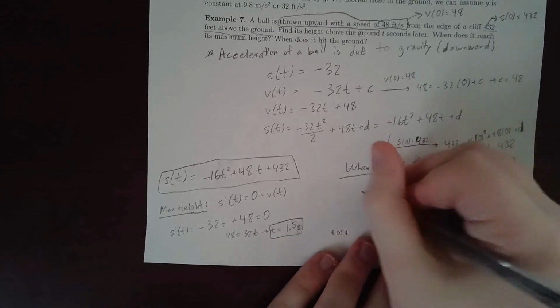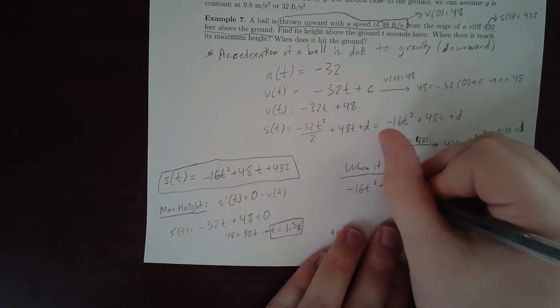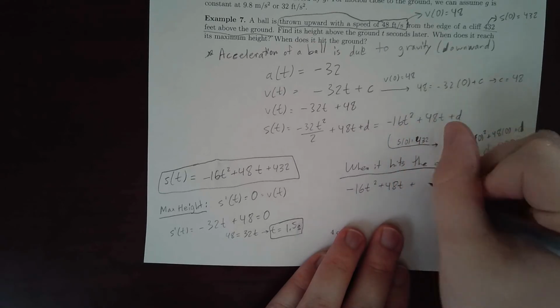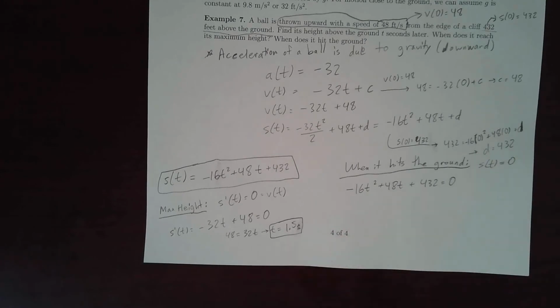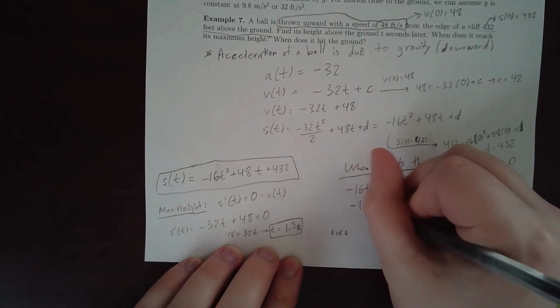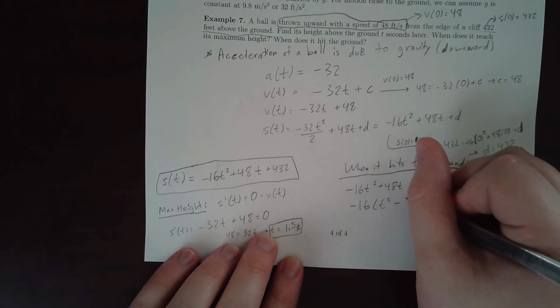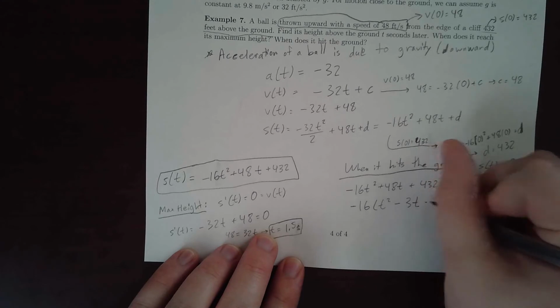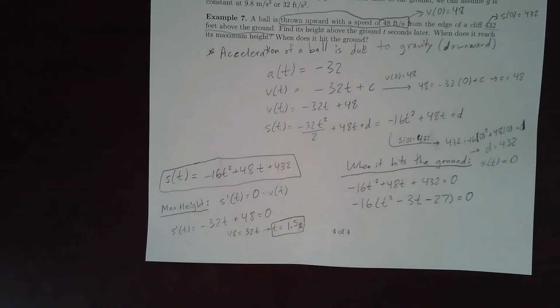So what we'll do is we'll set our position function negative 16t squared plus 48t plus 432 equals 0. But we'd like to be able to find the roots of this function. In other words, we want to figure out when it's going to be equal to 0. So what we'll do first is we'll factor out a negative 16, and we'll get t squared minus 3t minus 27 equals 0. So that'll help us a little bit.